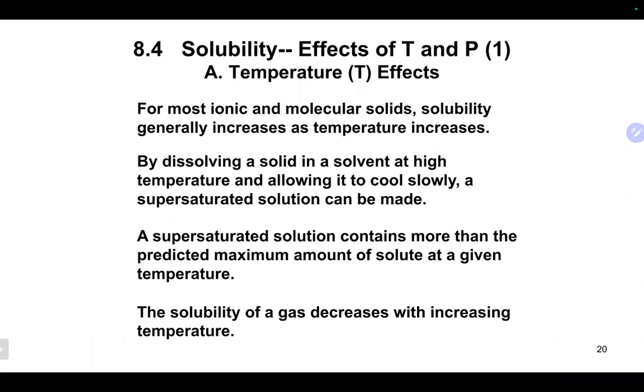Solubility, effect of temperature and pressure. As I mentioned, most solubility is based on temperature, and typically increasing the temperature will increase the solubility of a solid in a solvent. Really, because as you increase the temperature, you're adding more energy.